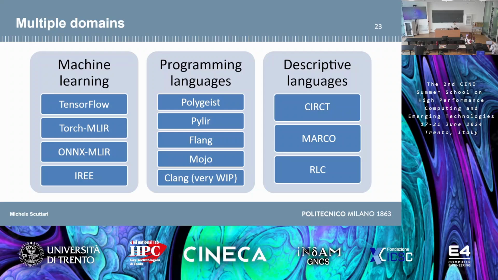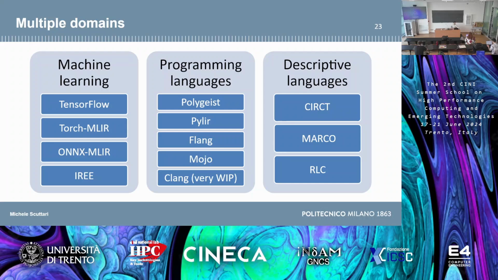Flang, there were two Flangs. One was an attempt to build a compiler using LLVM, which sort of petered out because it was a lot of effort, and then it was redone in MLIR successfully. There is PyLIR for Python. There is Polygeist, which tries to implement a language specialized for polyhedral transformations. And finally, Silang. Silang is very work in progress.